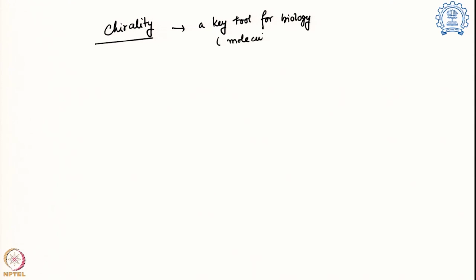So with all these things, we now understand that chirality is a key tool for biology in terms of molecular recognition.